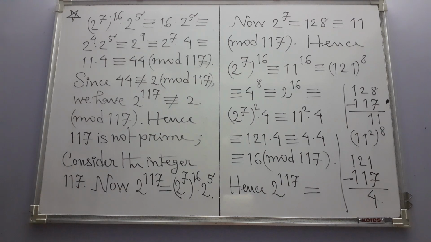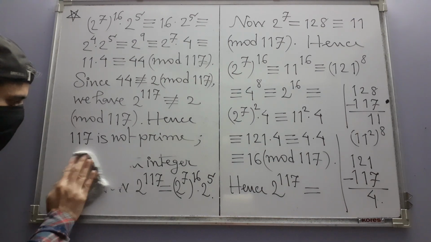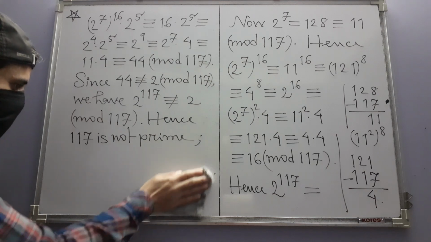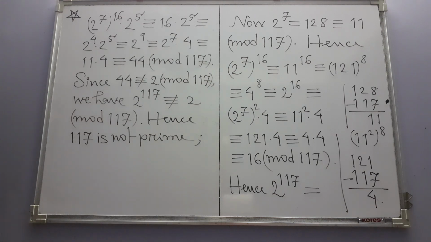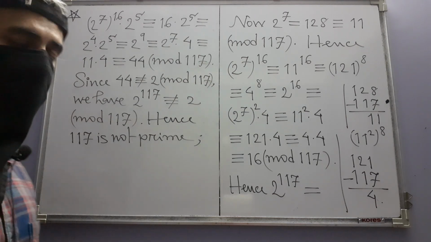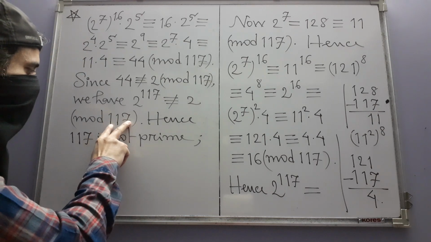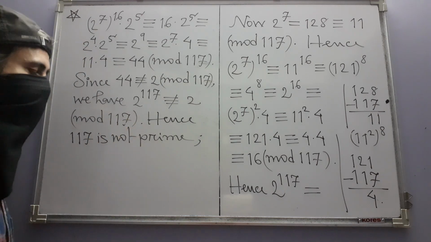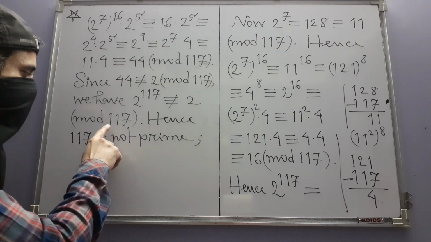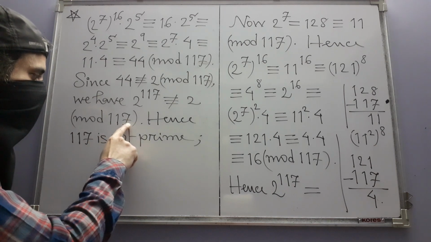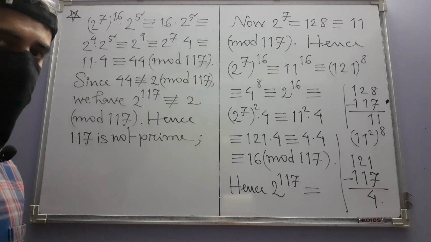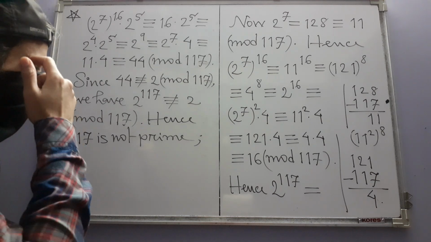And in fact, if one goes looking for a factor, it's very easy to find. Do you remember the criterion for divisibility by 3? The sum of the digits should be divisible by 3. What is that sum? 1 plus 1, 2, 2 plus 7, 9. Okay, so it's divisible by 3.